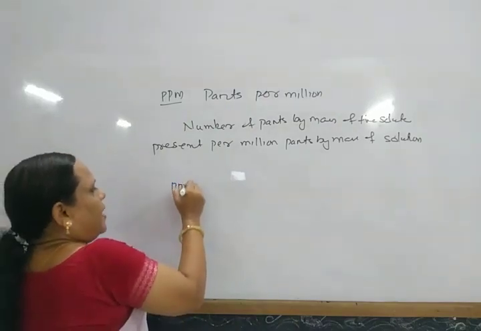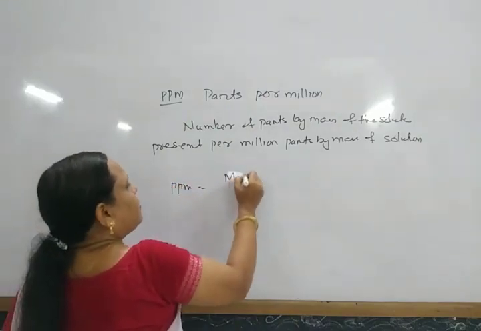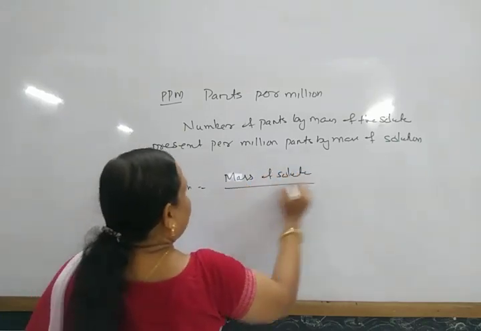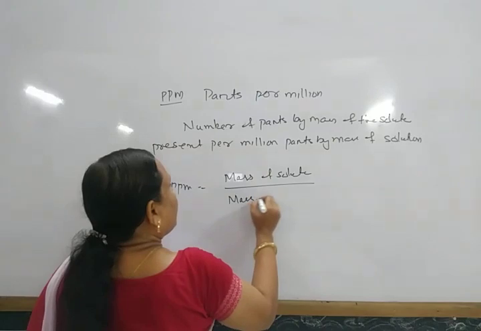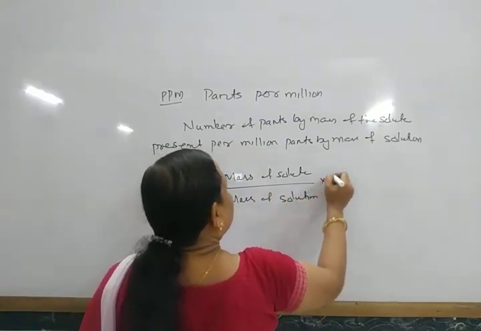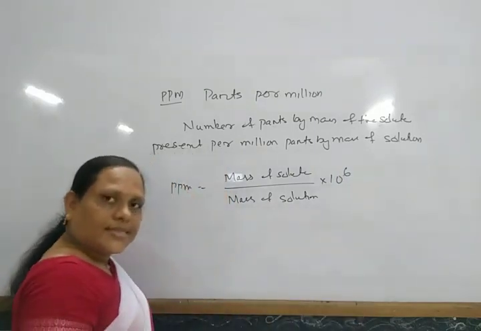So ppm is equal to mass of solute by mass of solution into 10 to the power 6.